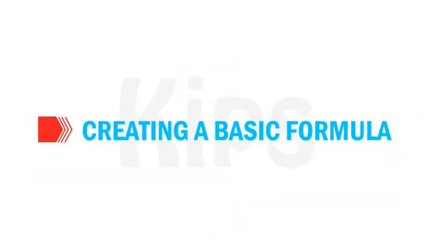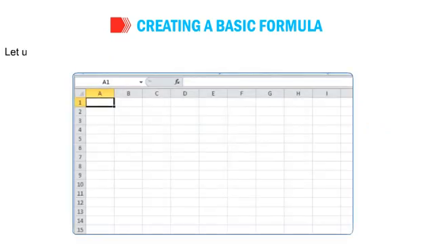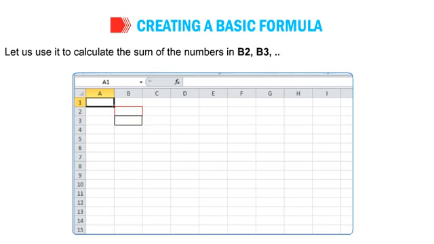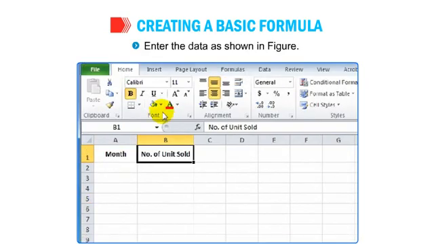Okay, now let us first learn how to create a basic formula. A basic formula involves only one type of operator. Let us use it to calculate the sum of the numbers in B2, B3 till B7 and display the result in B8. Enter the data as shown in the figure.